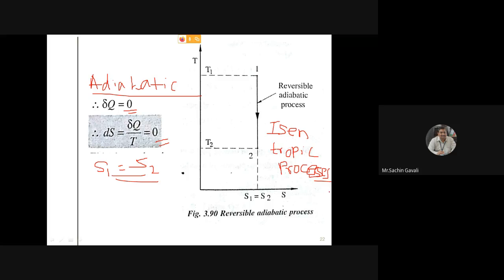And isentropic means what? Entropy remaining constant. Reversible adiabatic process, isentropic process, entropy is remaining constant. Therefore reversible adiabatic processes are called isentropic processes, and during them entropy change is equal to 0.